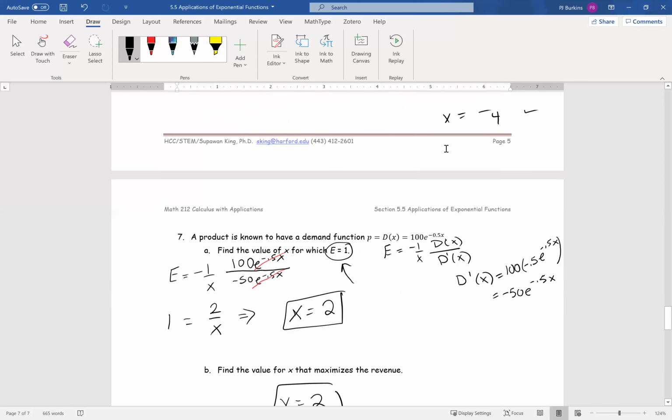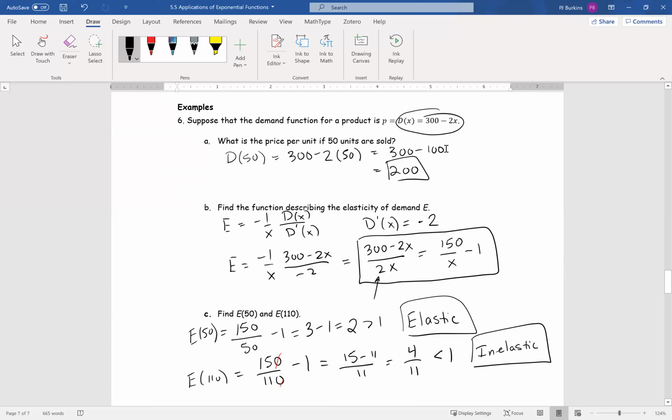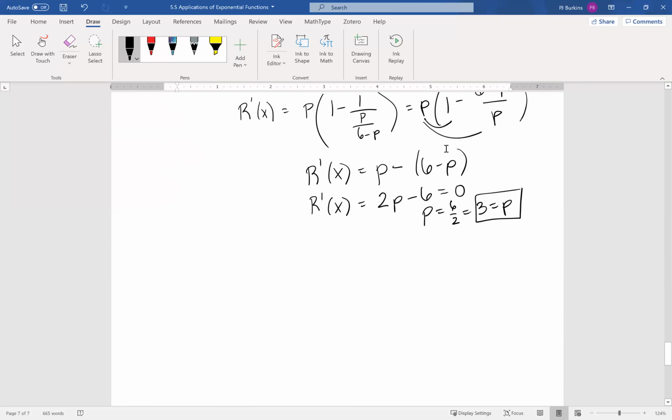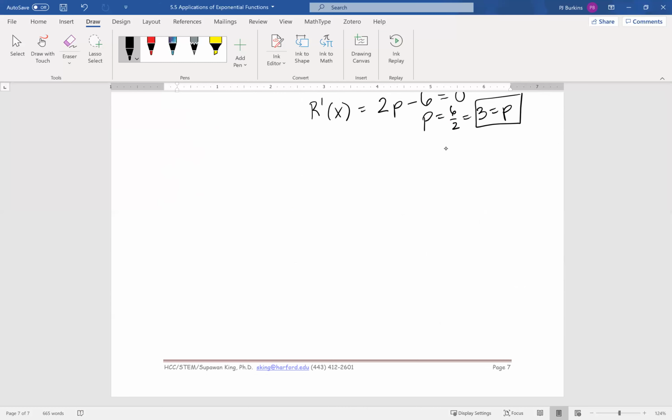So R is just going to be x times d of x. That's x times p.